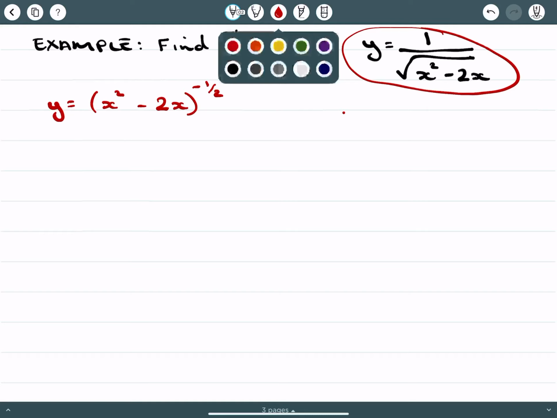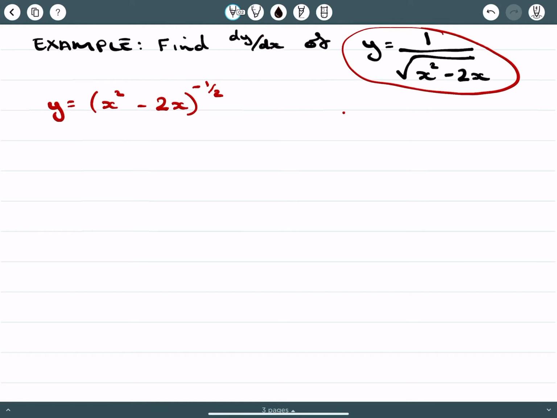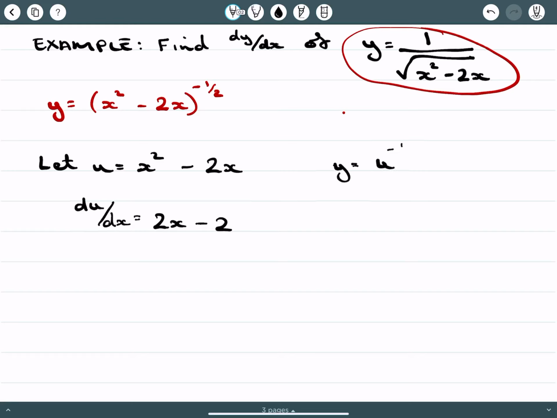And then I would proceed with my chain rule. So let u equal x squared minus 2x. du/dx is going to equal 2x minus 2. y equals u to the negative a half.